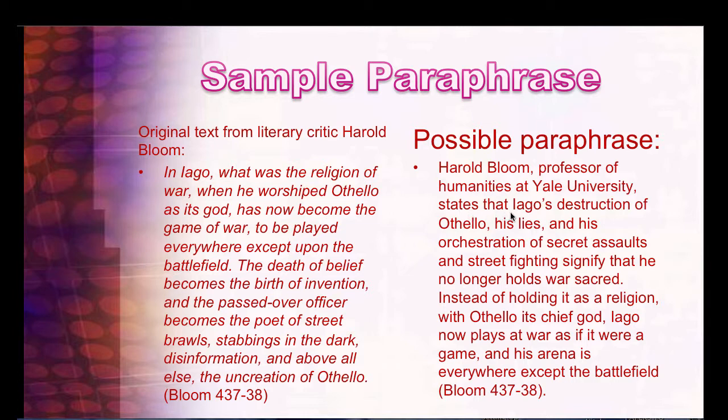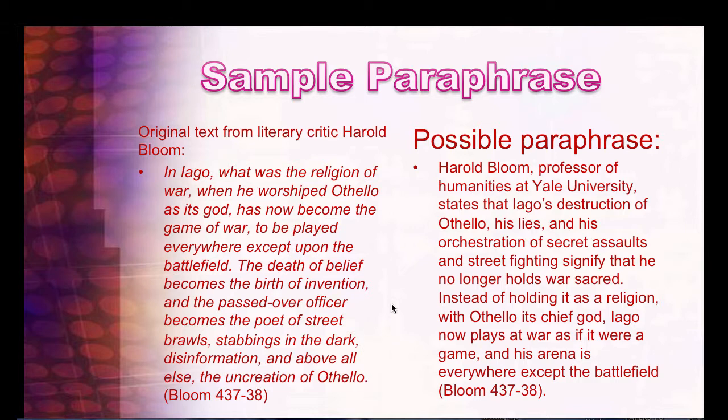First we talk about Iago's destruction of Othello. That is, in the writer's own words, this idea of the uncreation of Othello. Then we've got his lies, which aligns with disinformation, and his orchestration of secret assaults and street fighting, which aligns to his poet of street brawls and stabbings in the dark.